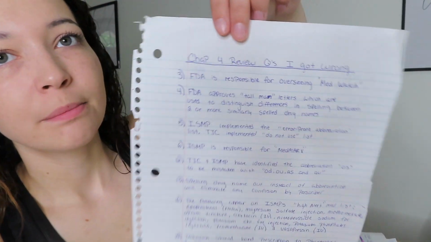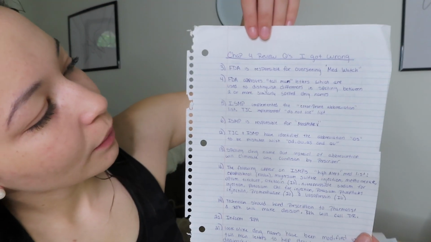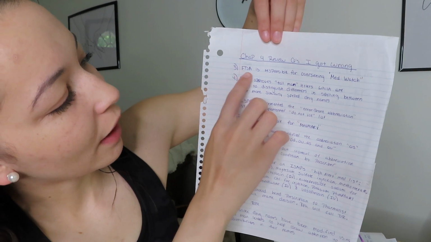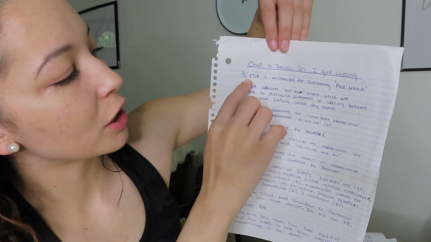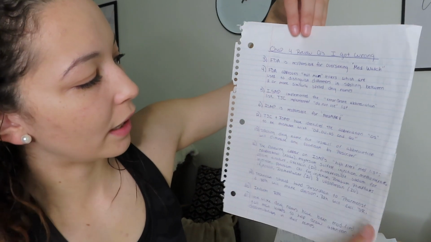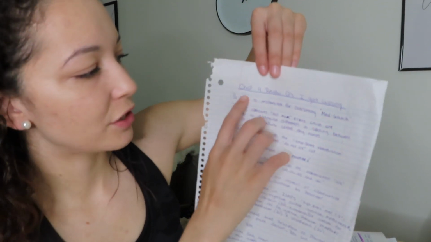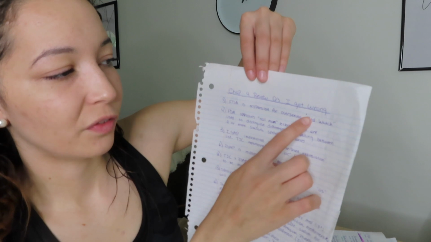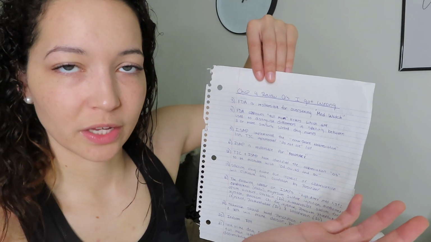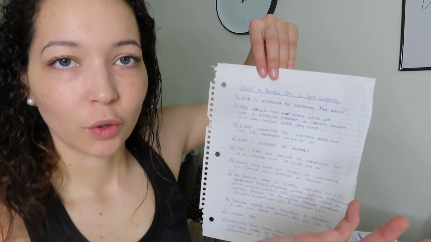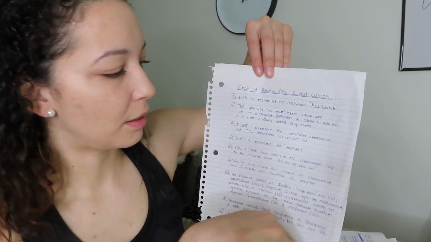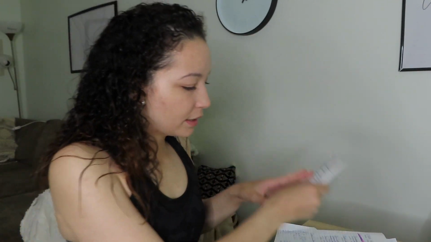Here's another example. I would write chapter 4 questions I got wrong, and then I would write FDA is responsible for overseeing MedWatch. So I'd write all the right answers here, because at the end of the day, I don't really need the question. I just need to know that FDA is responsible for overseeing MedWatch, because probably the question was, what is the FDA responsible for overseeing? And I got it wrong, so I thought it was something else. So I also did that.